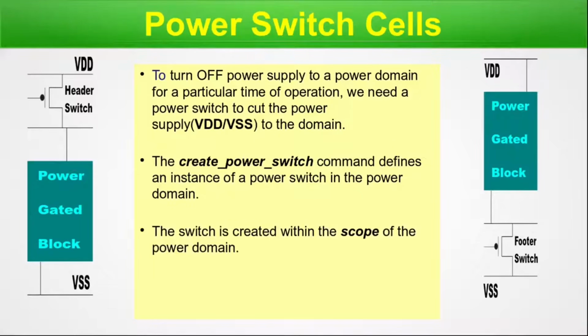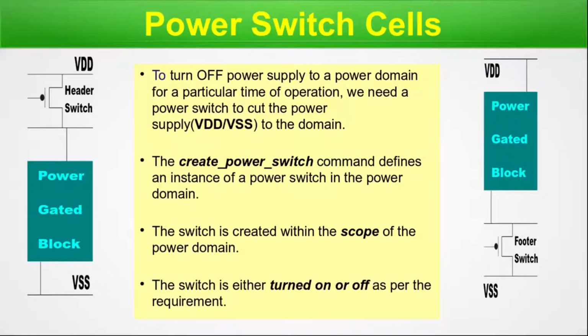The switch is created within the scope of the power domain. The switch is either turned on or turned off as per the requirement. So guys, if I sum up, either it is a header switch or a footer switch, in both cases, it can truncate the power to the power gated block. And the corresponding UPF command is create power switch. We are done with these slides. Let's move on to the next slide.